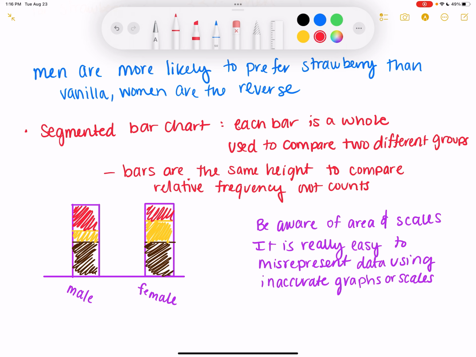Now if you were drawing this for the first time and you hadn't already color coded stuff, I would say draw a key with it to specify what each color represents. But since we've had so many places where we've shown what the different colors represent, you don't have to worry about that.